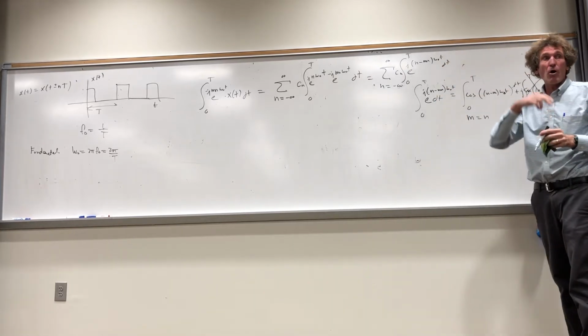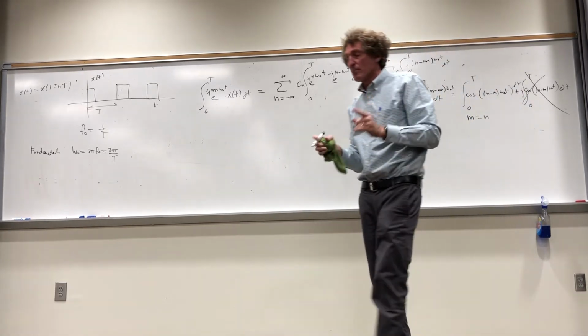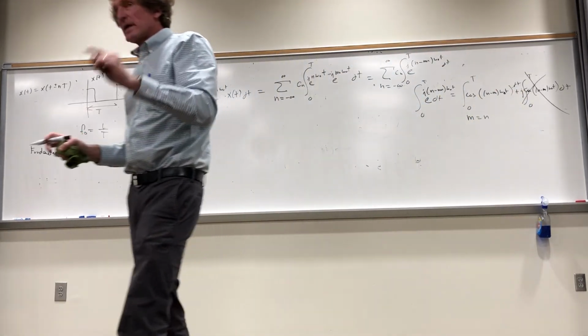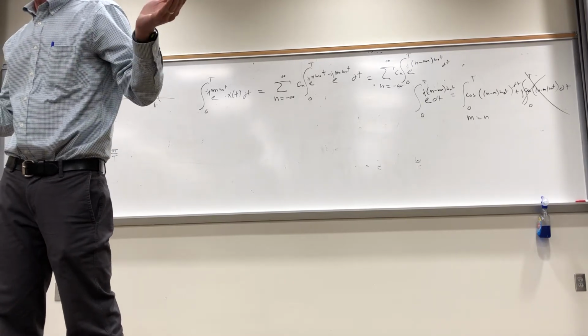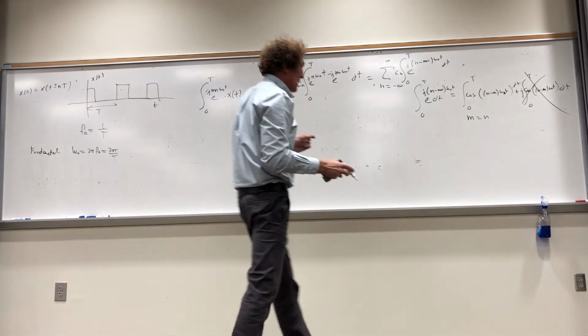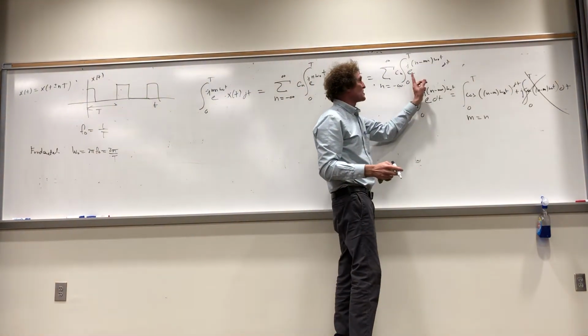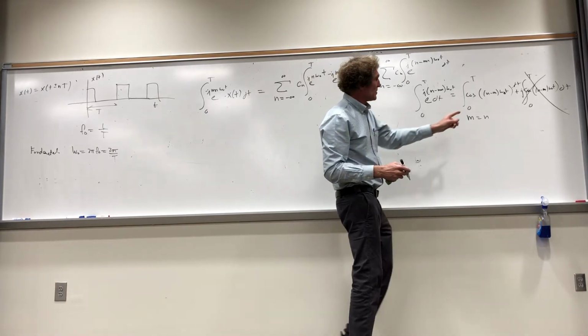Follow me on this? All other values, remember that sum goes from n is minus infinity to plus infinity. Only when n equals m, this is abstract, it could be any two numbers, you pick them. Only when n equals m will this integration right here have a non-zero value. Follow me? And what will the value be?